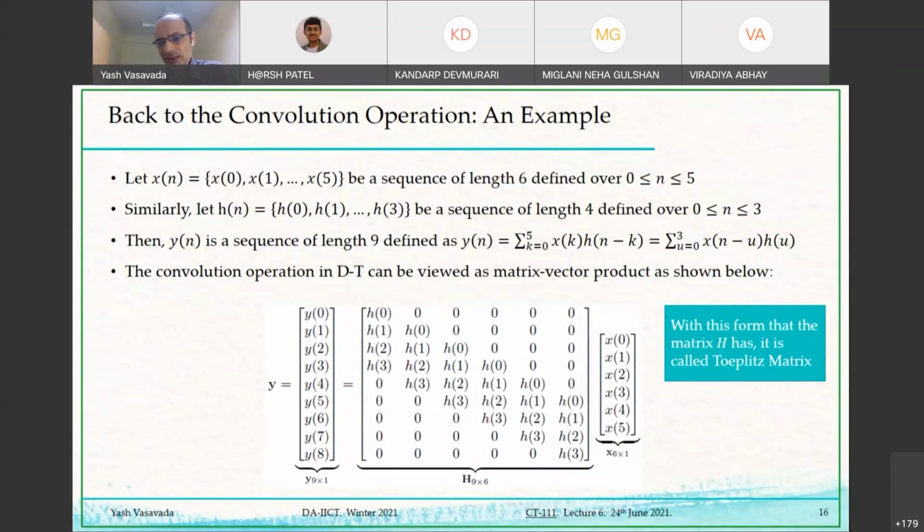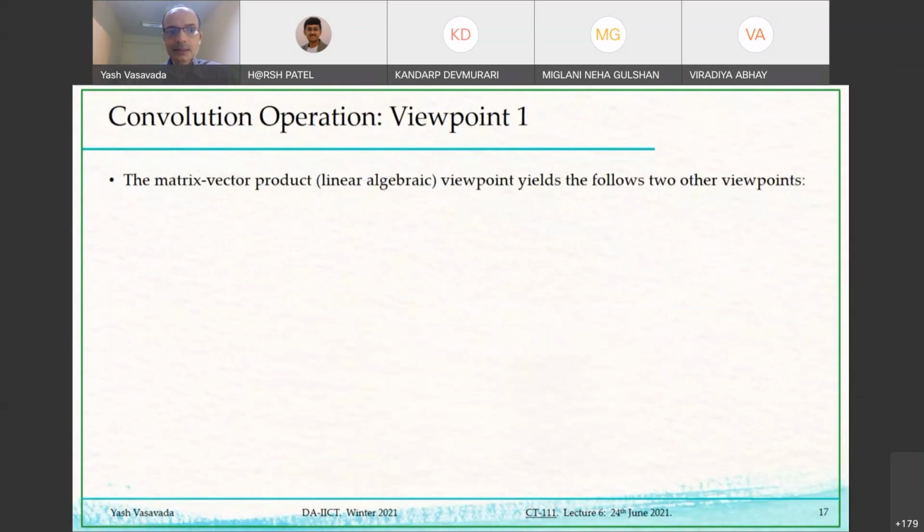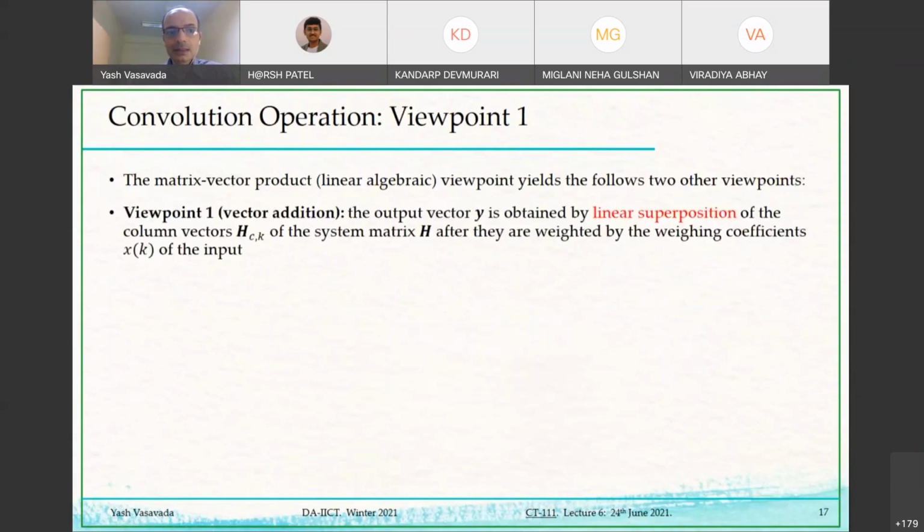But once we write it as matrix vector product, again, we can bring back our two different viewpoints. One is that the convolution is a linear superposition of the column vectors of this matrix H after they are weighted by the weighting coefficients.